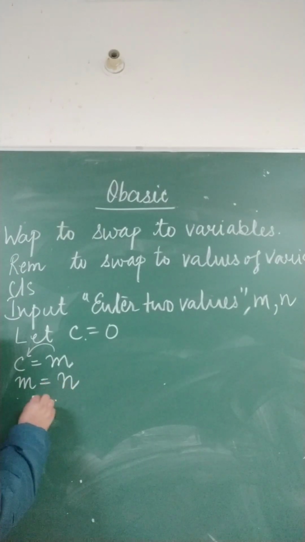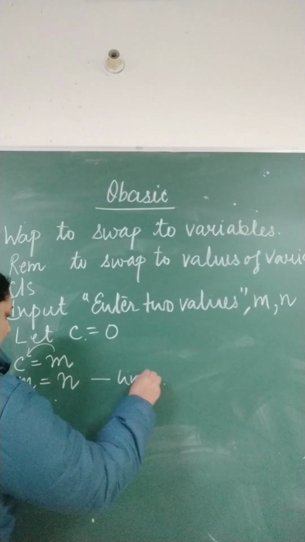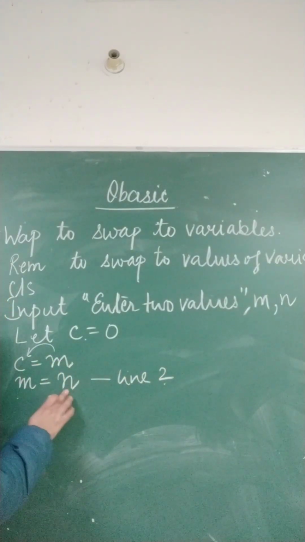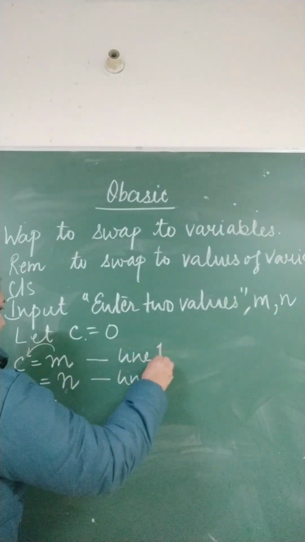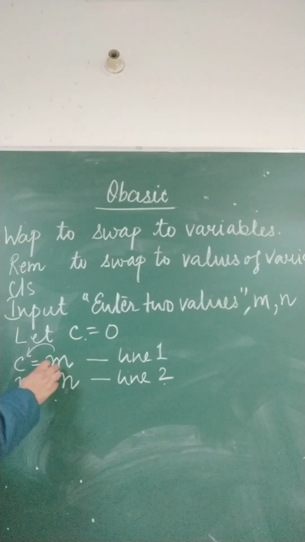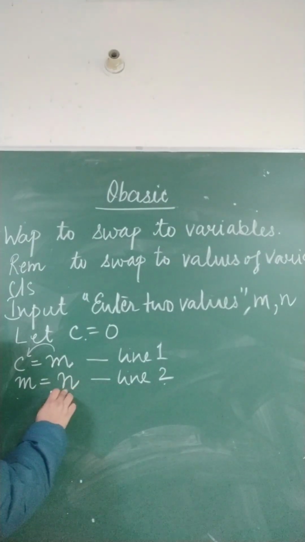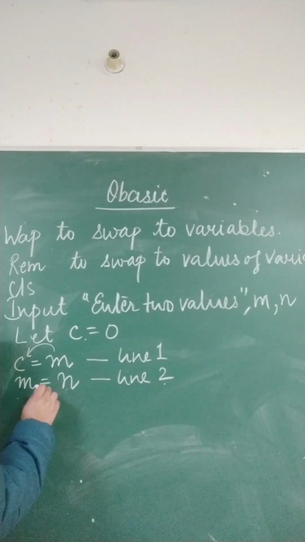We have overwritten the value in line number 2. Here I have written whatever is stored in n, it should be overwritten to m. In line number 1, what I have done, I have stored the value of m to c so that the copy of m is already there with me. Second line denotes I have overwritten the value of m.